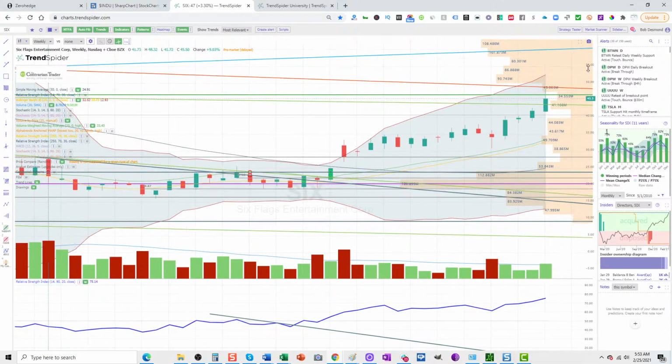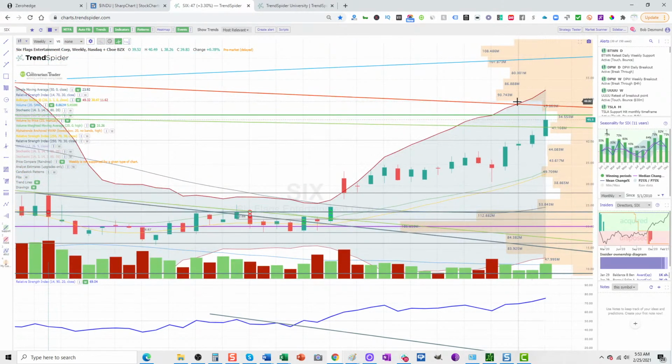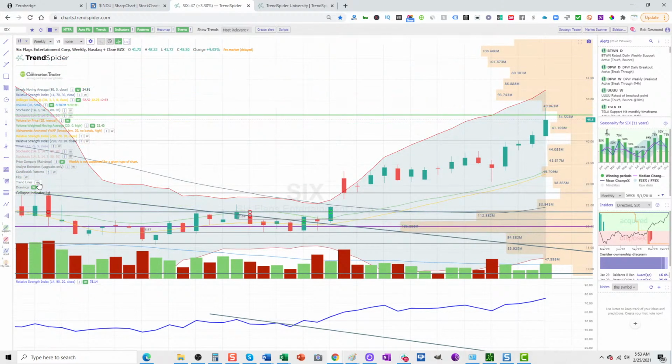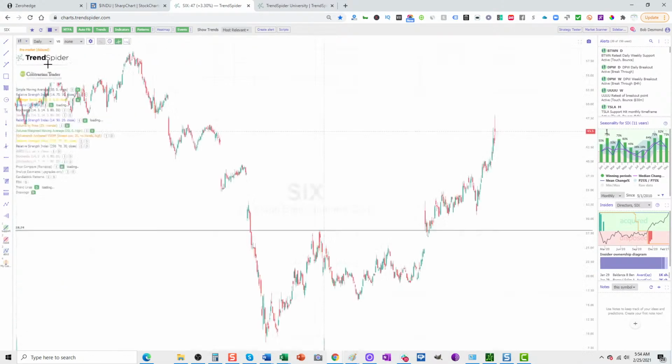Weekly chart. You can see topping action at these resistance levels. Let's take the automated trend lines off. Here's the value. Pop. The high of the week is right where resistance was. I don't think this can be bought yet. But we will identify a good entry point.